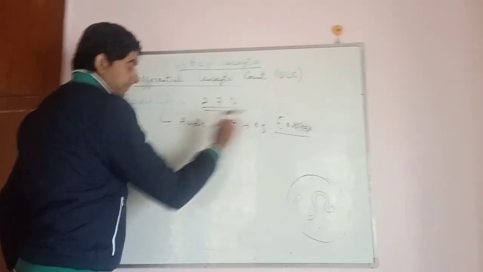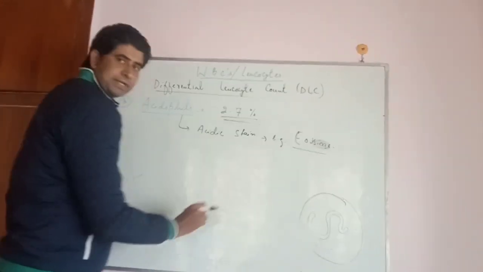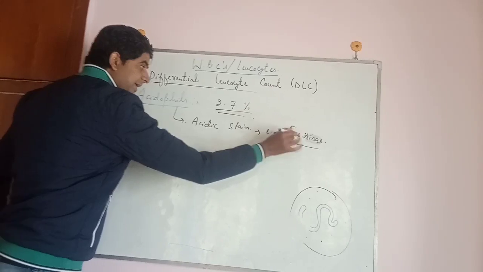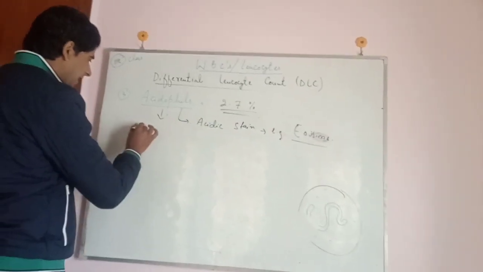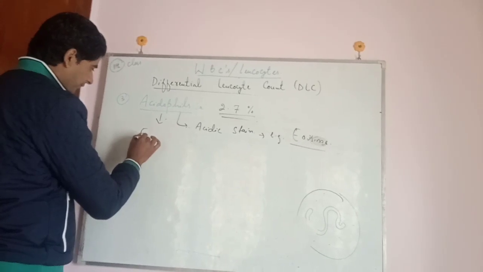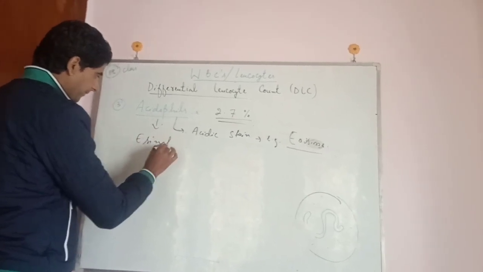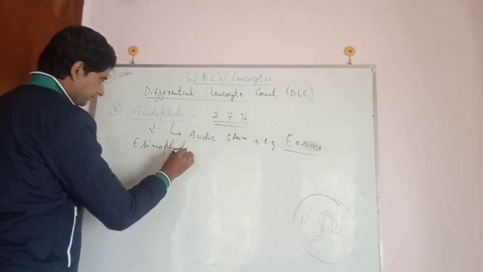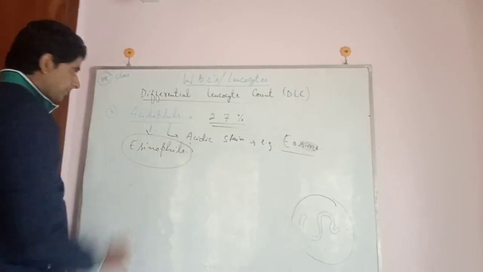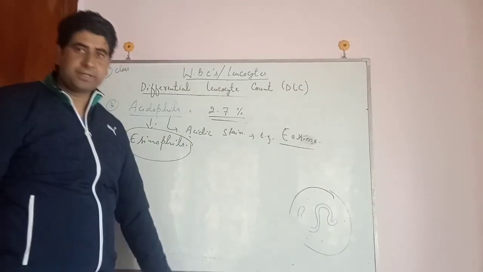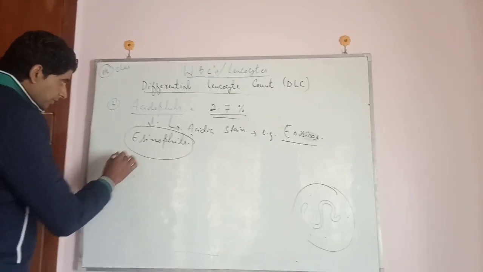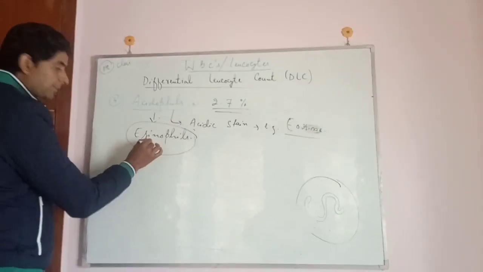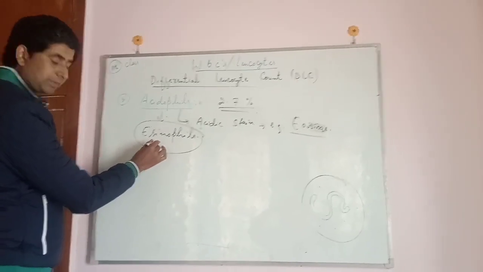Since they take up the eosin stain, that is why the acidophils have been termed as eosinophils. So that means the acidophils have also been termed as eosinophils.